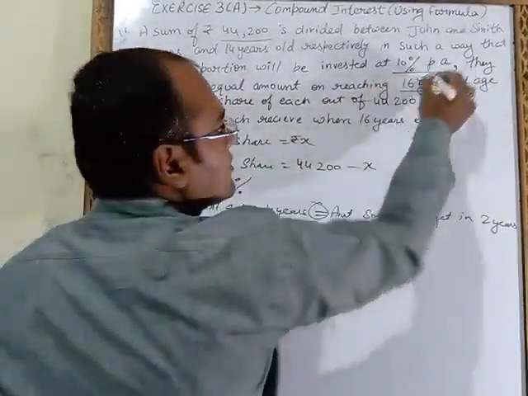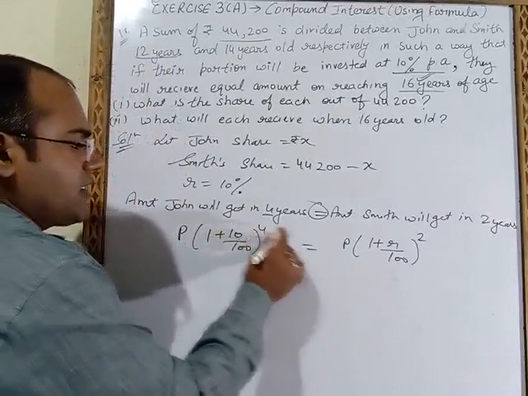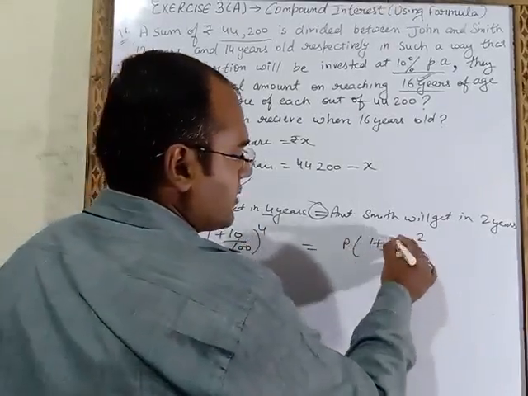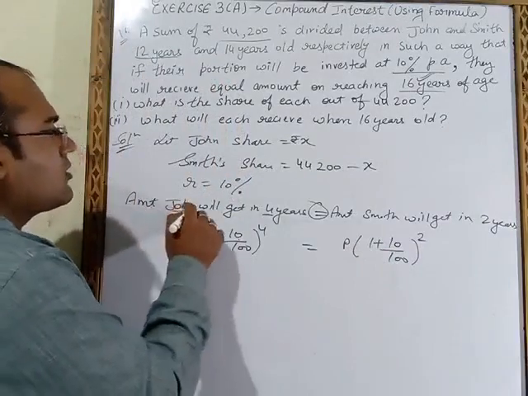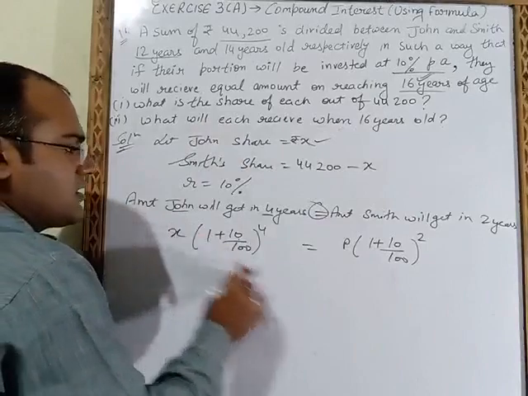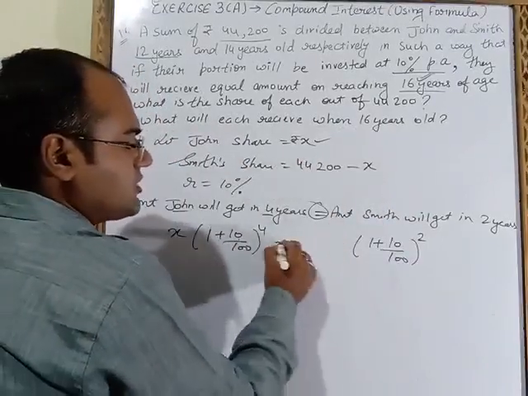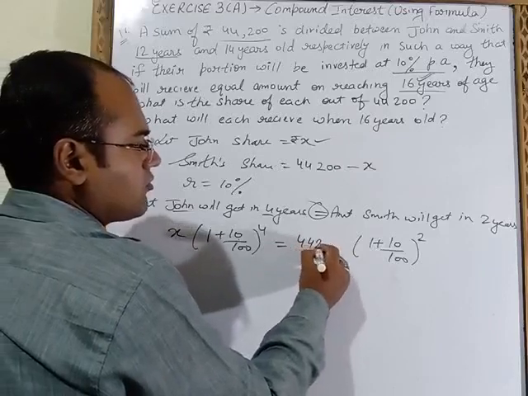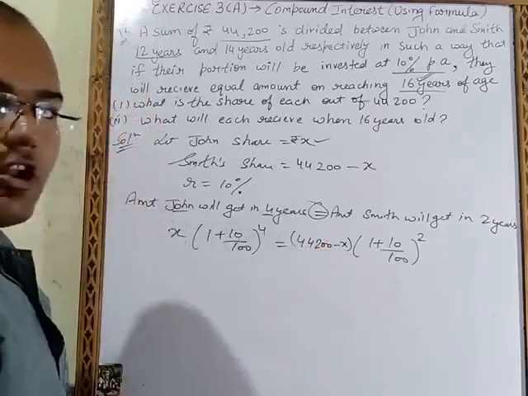For both persons rate of interest is 10, so here we will take 10. Here also we will take 10. Now P principal for John's share was x, so here we have to take x. And this is the share of Smith, Smith's share is 44200 minus x. Now we will solve it.